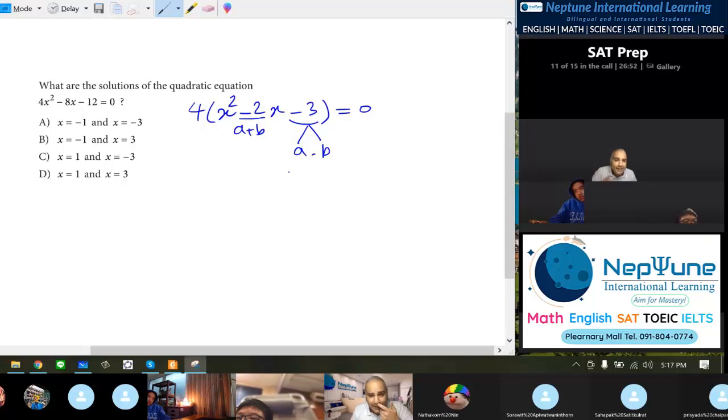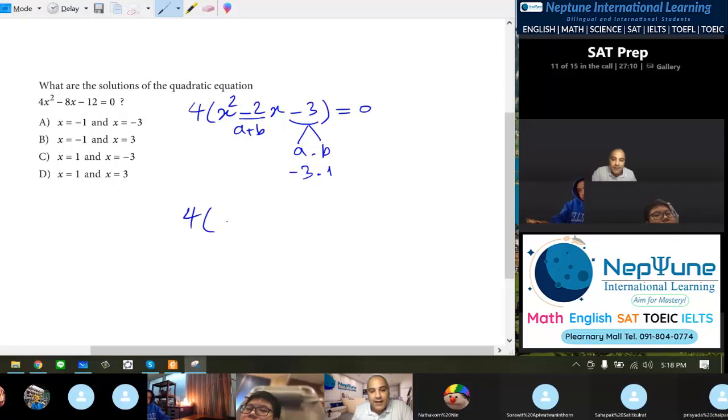How about negative 3 times 1? Because negative 3 times 1 is negative 3, and negative 3 plus 1 is negative 2. So once I have the factors, I can write x minus 3, that's one of them, and then x plus 1 equal to 0.